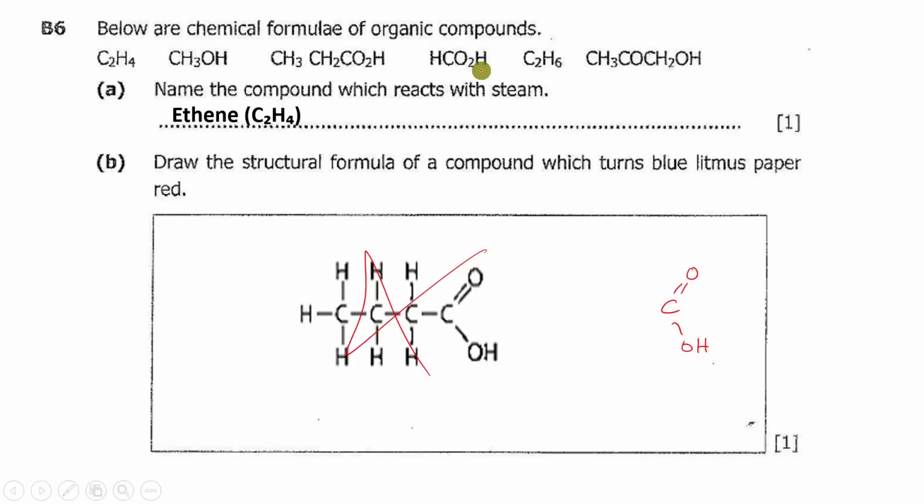So we only have one H this side. You have seen. So that is the answer there. So COOH and this H. So this is the structure they wanted. They draw the structure formula of a compound which turns blue litmus paper red. So it is a carboxylic acid.